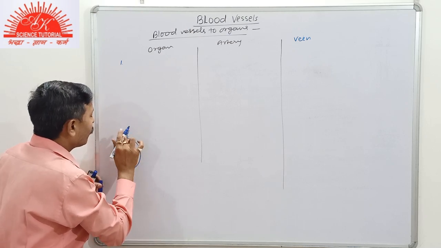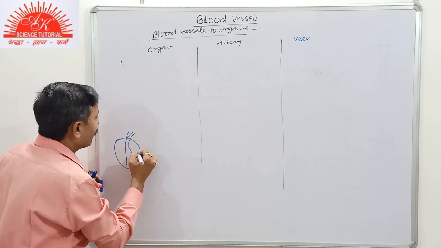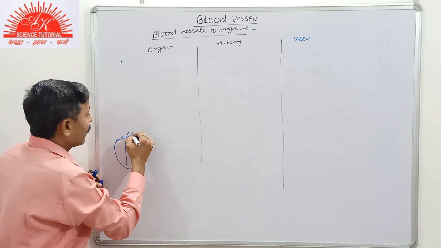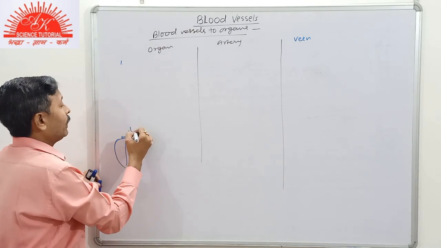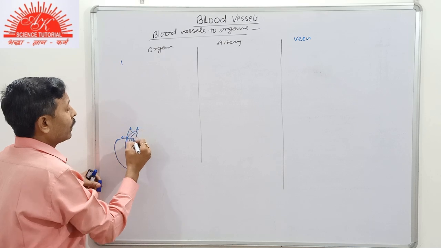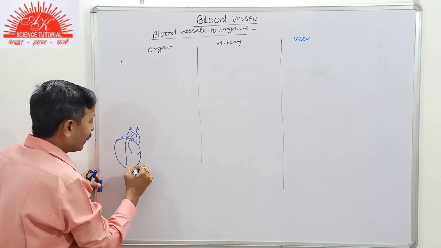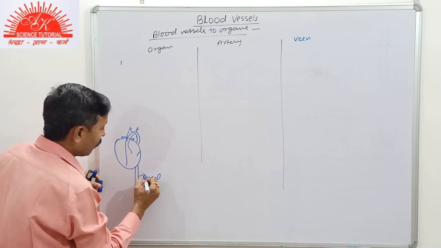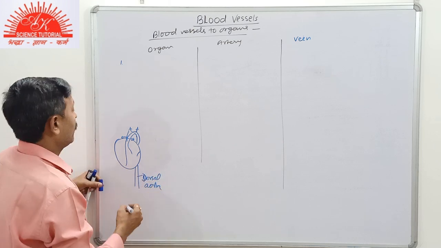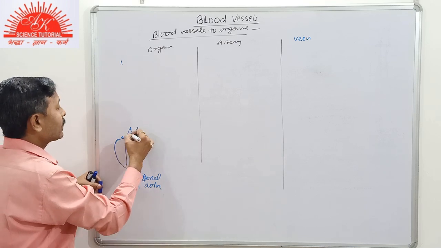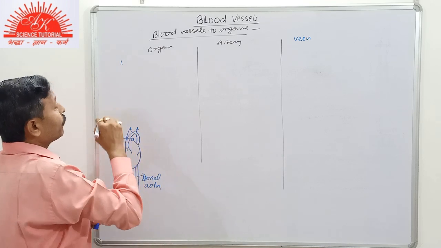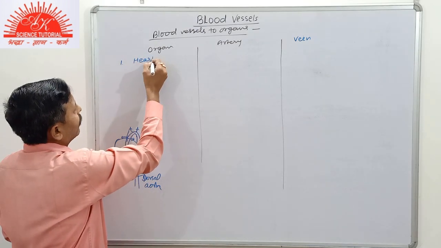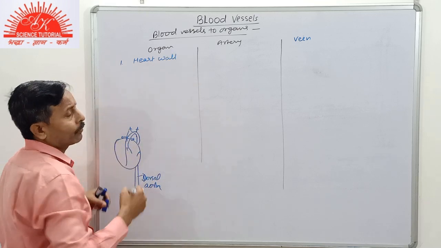Now when the aorta comes out from the heart, first of all its first branching is the coronary artery. Now from this part it divides to go to the upper part of the body, and when it bends downward it is termed the dorsal aorta. That is, the aorta divides and starts to branch. So the first organ we start with is the heart wall itself.